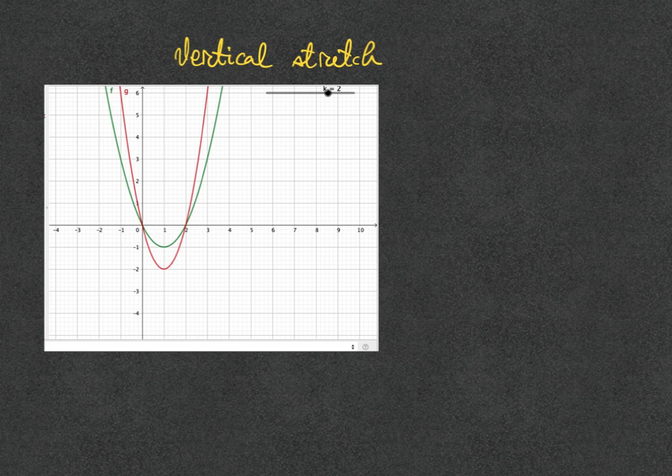So the movie stopped at a vertical stretch by a factor of 2. So it's stretched away from the x-axis. The point here, A, of coordinates 1, -1, becomes B of coordinates 1, -2.